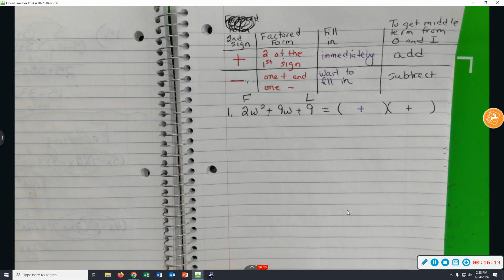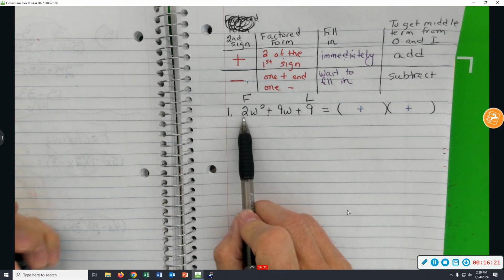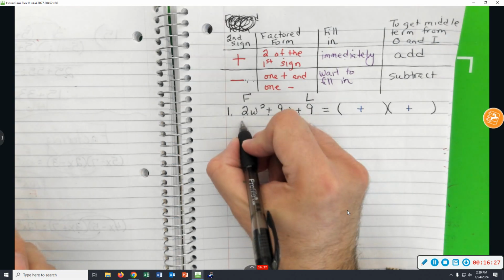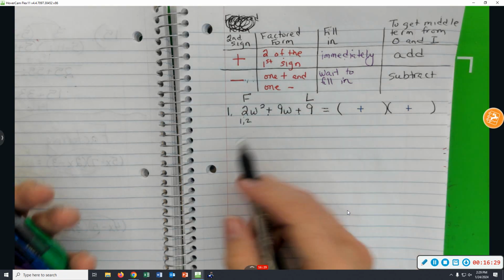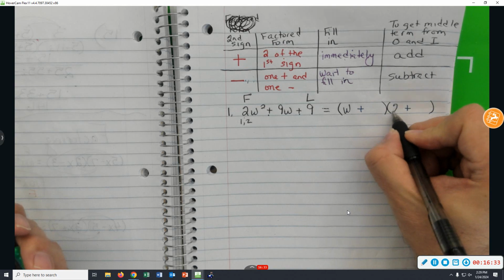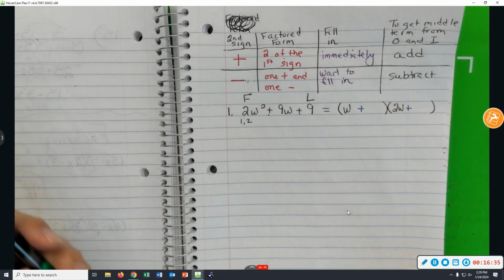If I say what numbers, I'm not talking about fractions or decimals. I want positive integers, just counting numbers. What numbers multiply together to give 2? Don't say 4 times a half. I only want counting numbers. So I'll write out 1 and 2. So I'm going to try w times 2w, or 2w times w.